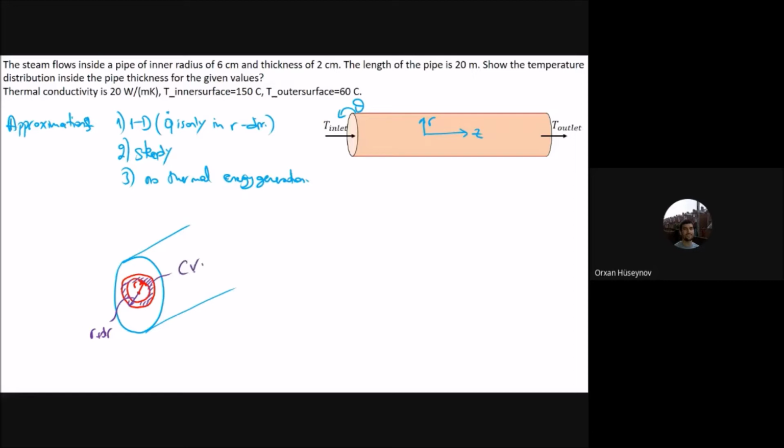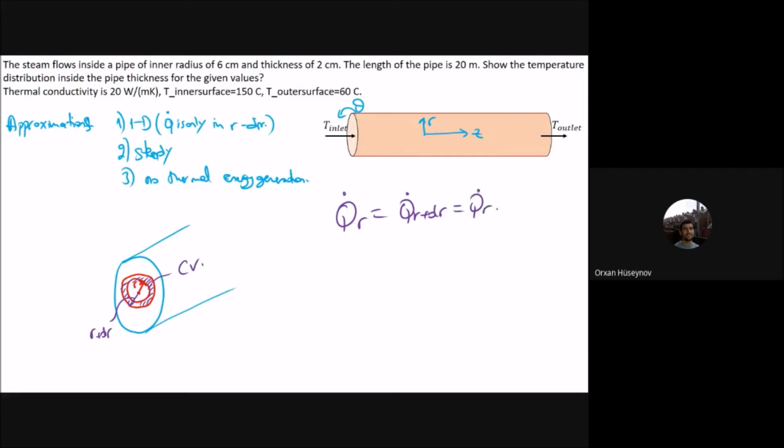This is our control volume, and for this control volume I will just write the energy balance, for the selected control volume. So Q dot at r will be equal to Q dot at r plus dr. And again, we will use the Taylor series here.